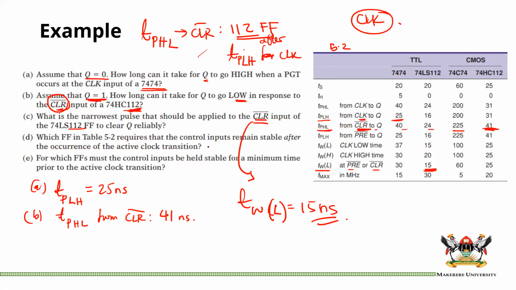So that means TH, the holding time. If it was before, that would be setup time. So you really need to take these things seriously, because clearly some of you are confused, and I don't see why, because these are quite easy. So they are asking which flip-flop requires that the control inputs remain stable after the occurrence of the active clock transition.